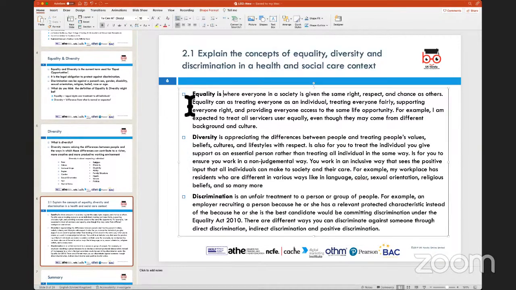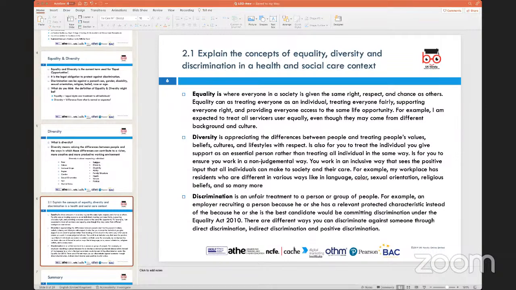Right. So if we know the concept and the meaning of these three different words, then we also need to be able to explain what this means in the context of health and social care.